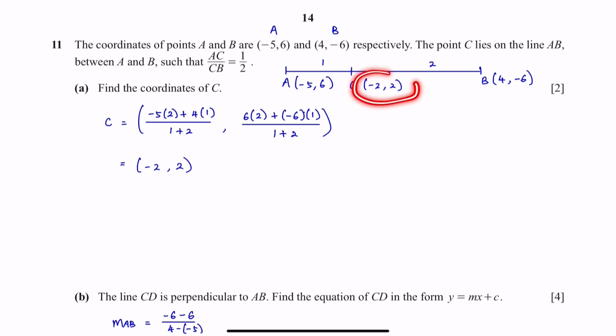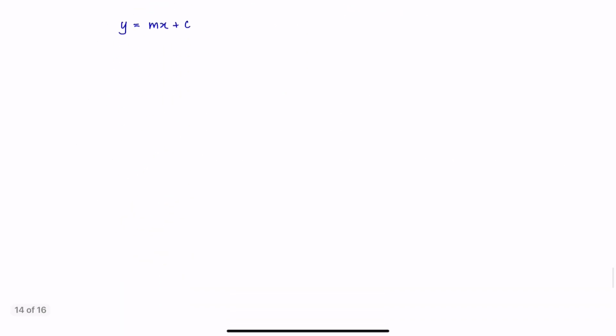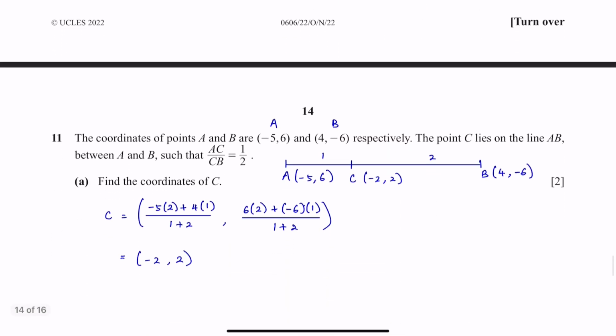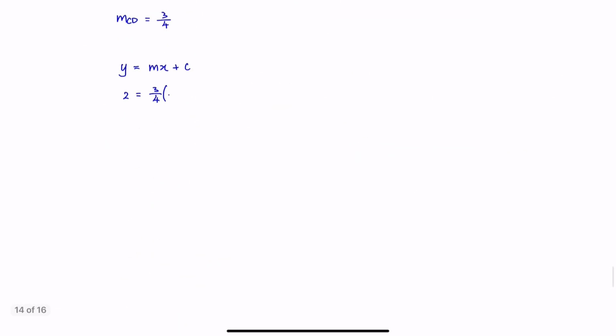So we can use the coordinates of C. We have 2 equals, the gradient of line CD would be 3 over 4, so 3 over 4 times x, which is -2, plus c. So the value of c would be 7 over 2. So now y equals 3 over 4 x plus 7 over 2 would be the equation of CD.